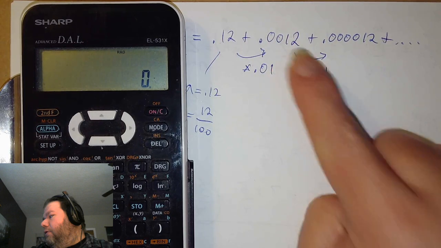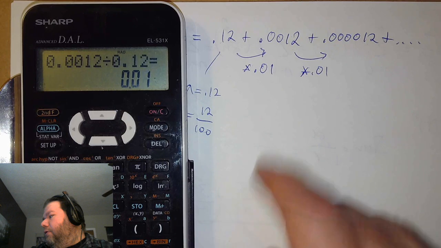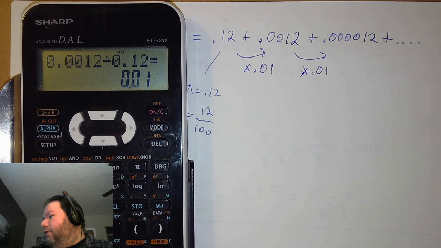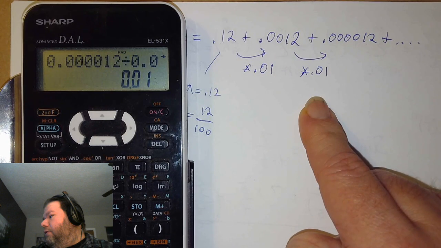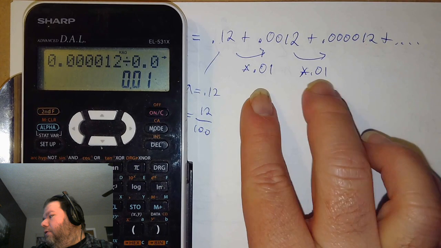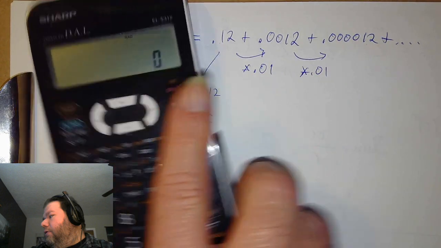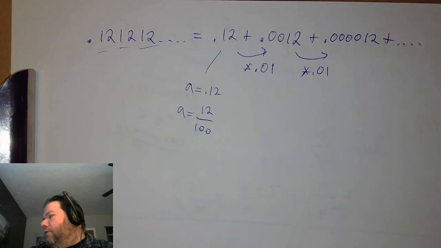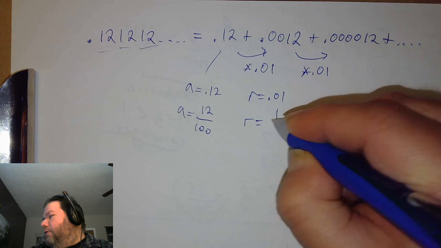So if we took 0.0012 and divided by 0.12, we get 0.01. If we took 0.000012 and divided by 0.0012, it gives us 0.01. So in both cases, we found a multiplier of 0.01. So that means r is 0.01, which more accurately is 1 over 100.